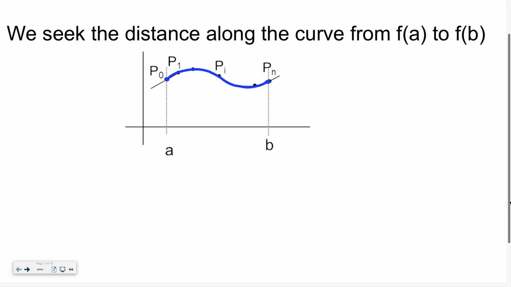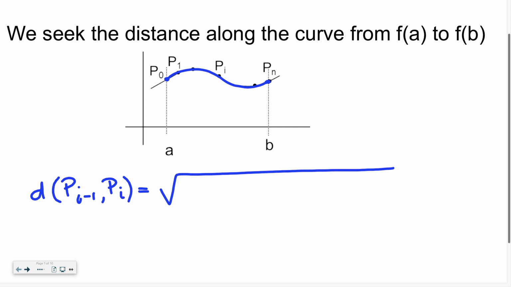Let's say I pick any random point on that curve, and I want to know the distance from point P sub i minus 1 to point P sub i. There's 2 points. Really, I could use any notation I want. How do we find the distance between 2 points?